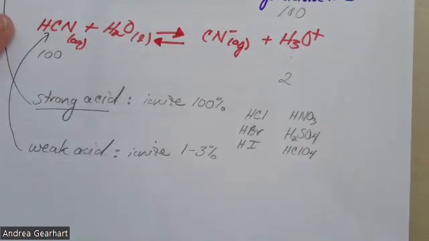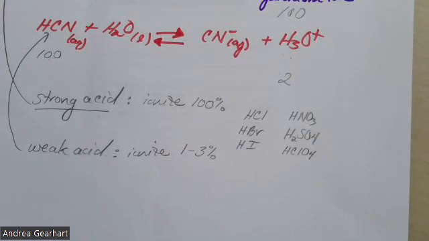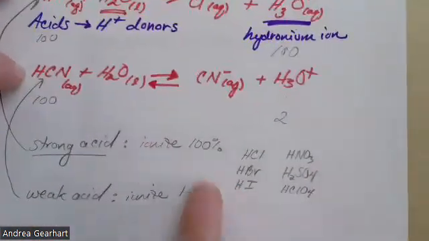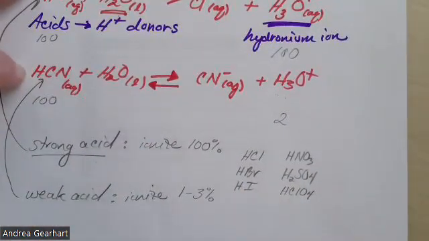There are thousands and thousands of acids. Only 6 of them are strong. So if you're given another acid and it's not one of these, you know it's weak.